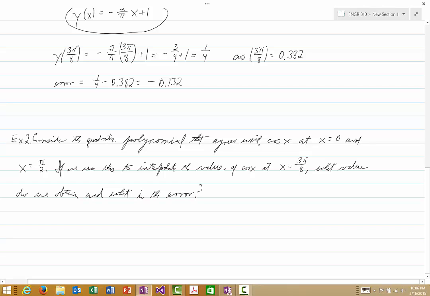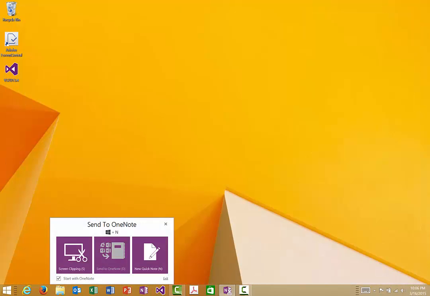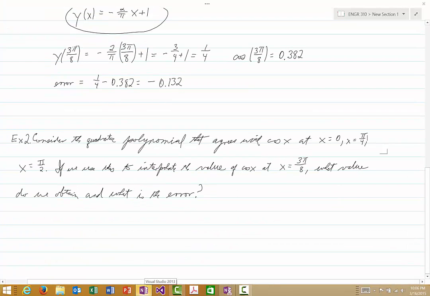So we'll say at x equals 0, x equals pi over 4, and x equals pi over 2. And if we use this to interpolate the value of cosine x, we'll still look at x equals 3 pi over 8. What value do we obtain, and what is the error?